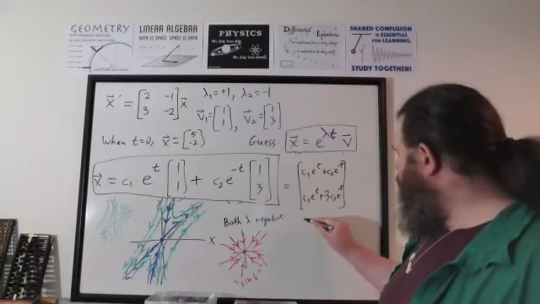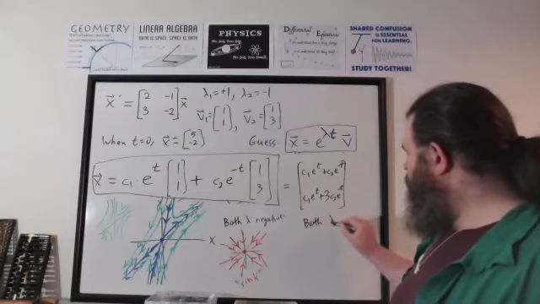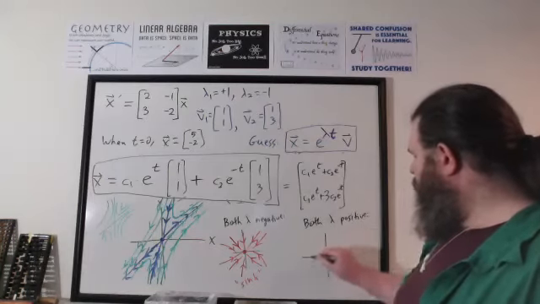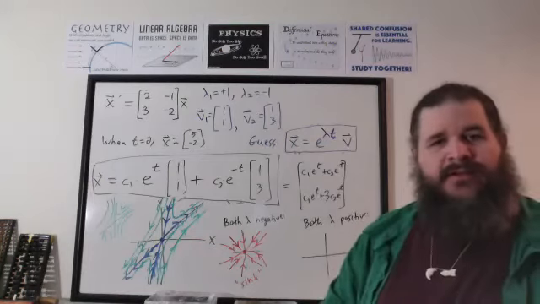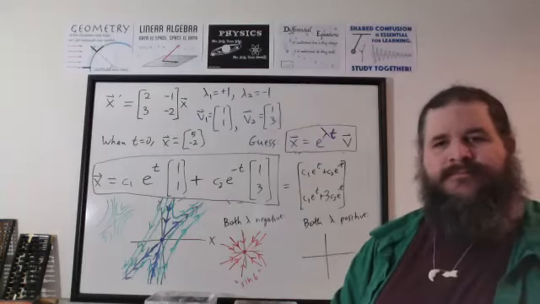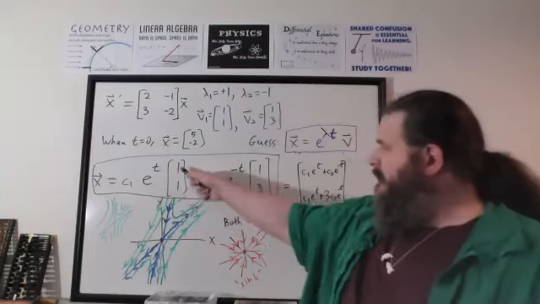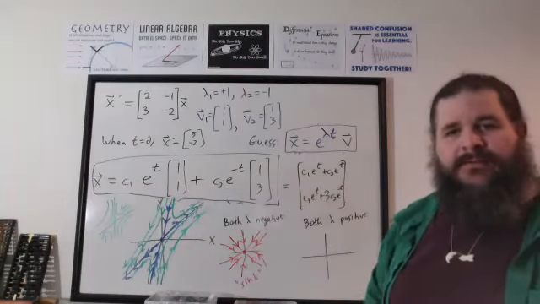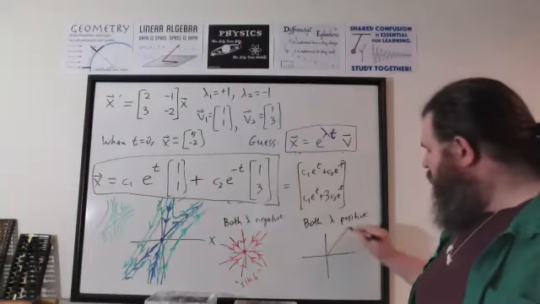Whereas if they're both positive, what would you expect all of the solutions to be doing? If you had e to the t times a vector and e to the 2t times a vector, what's going to happen there? Yeah, they're all going to diverge.